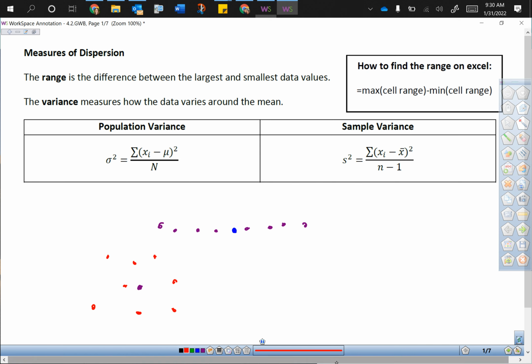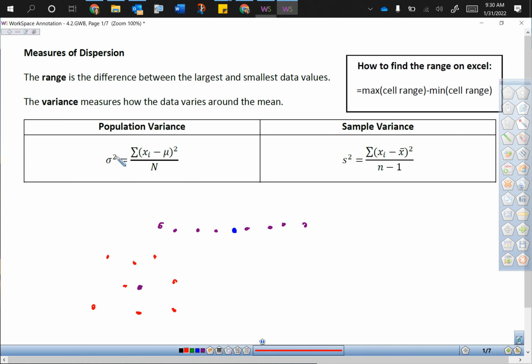Now, the first thing we're going to talk about is population variance. Just a reminder, population and sample, you're going to have different formulas. So for the population variance, you're going to have all of these symbols. Do you guys remember what this symbol stands for? The sum. We call it sigma, but it means the sum. This other symbol, squared, is actually a lowercase sigma, and this is an uppercase sigma.